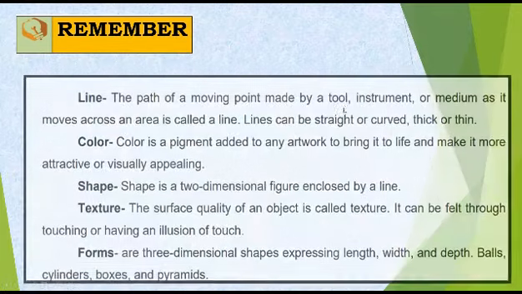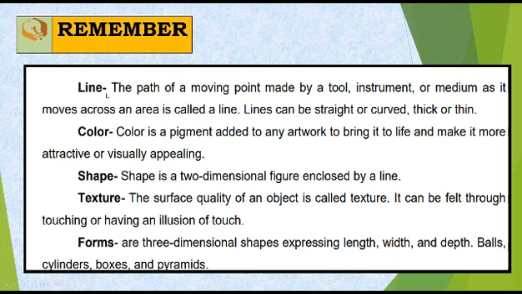So remember, we have here the line. The path of a moving point made by a tool, instrument, or medium as it moves across an area is called a line. Lines can be straight or curved, thick or thin. Color is a pigment added to any artwork to bring it to life and make it more attractive or visually appealing.